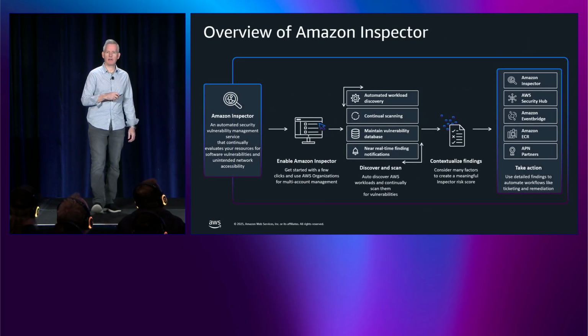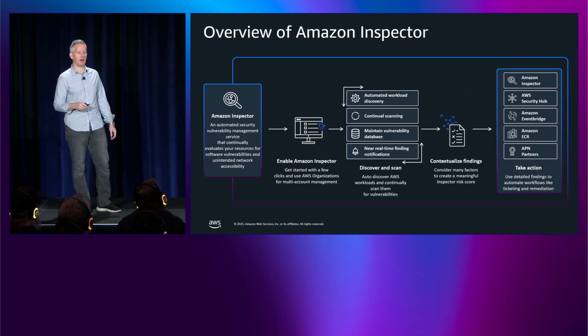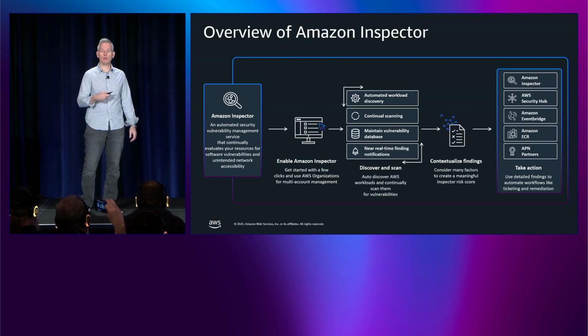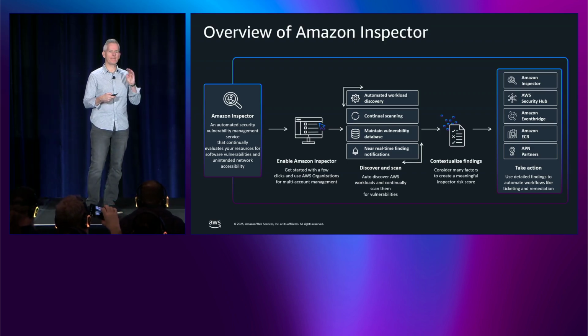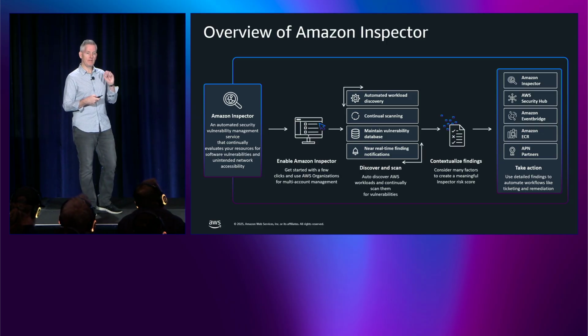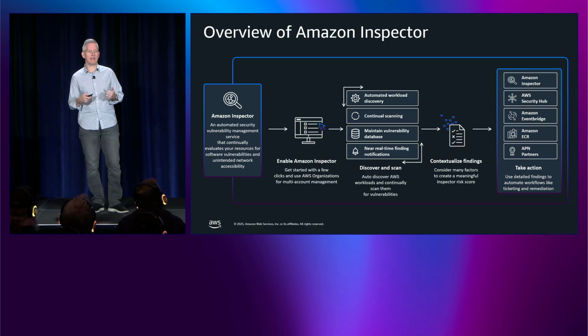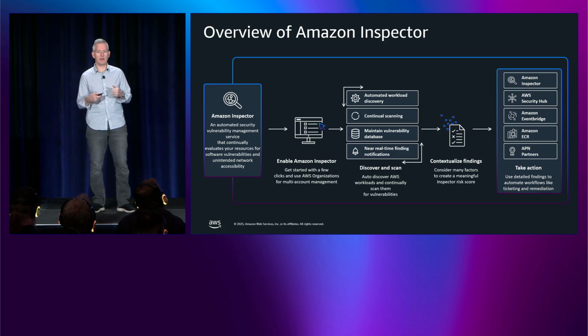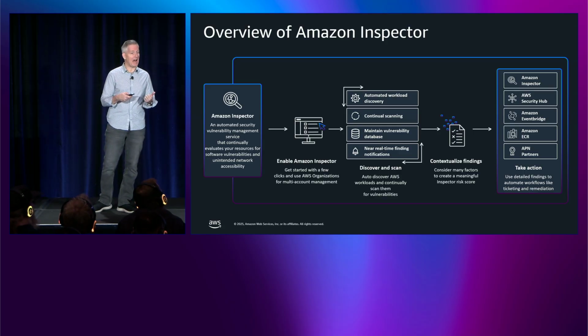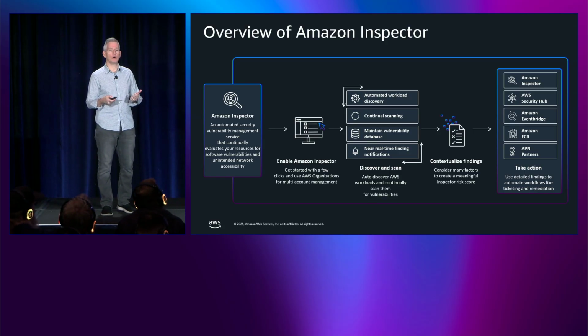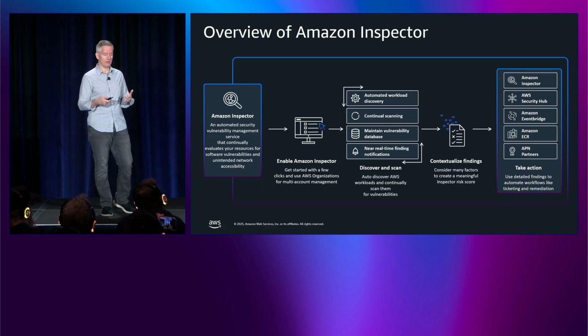So, really a quick overview of Amazon Inspector. When we talk about Amazon Inspector and how you use it, we really talk about 4 different phases. Phase 1 is enablement. And this is, as a customer, you going in and turning Amazon Inspector on, either for your account or for your entire organization. You can do both.